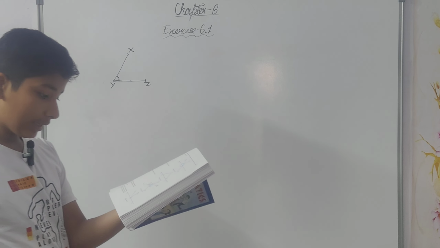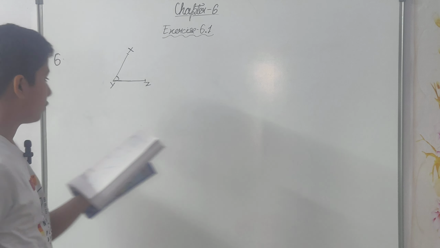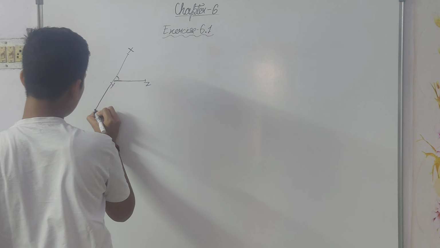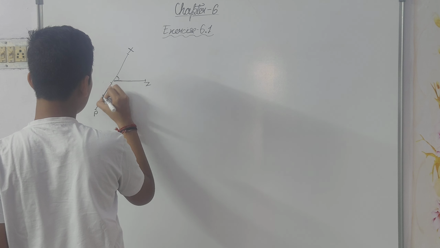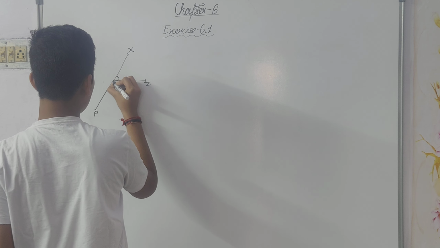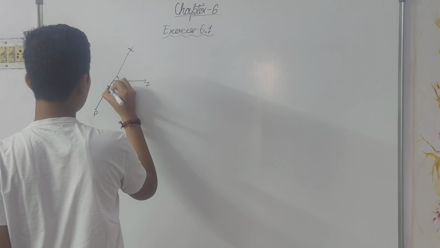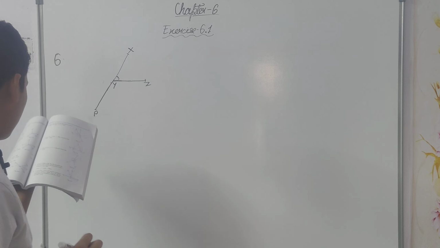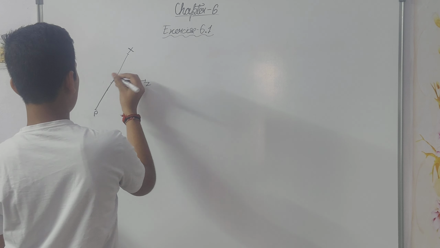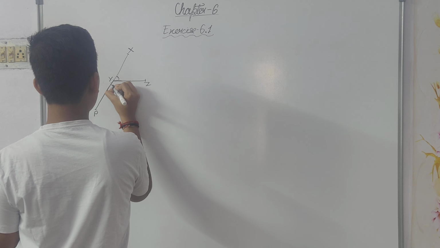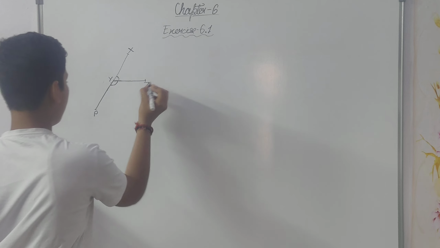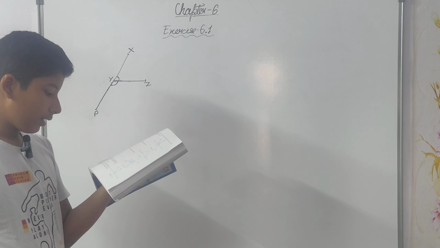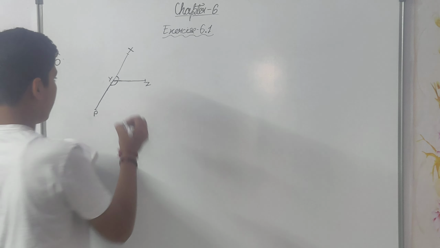And line XY is produced to point P. This is extended to P. Yes, this is Y. And now this is the angle ZYP.